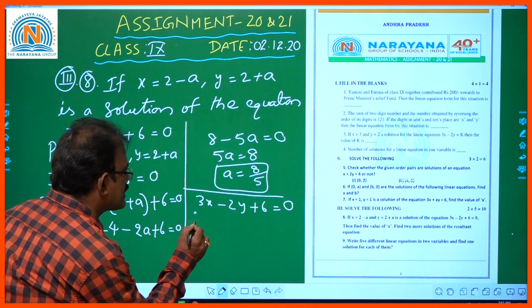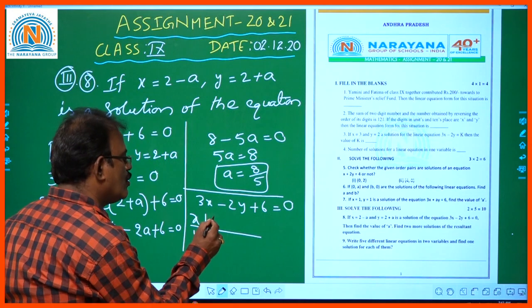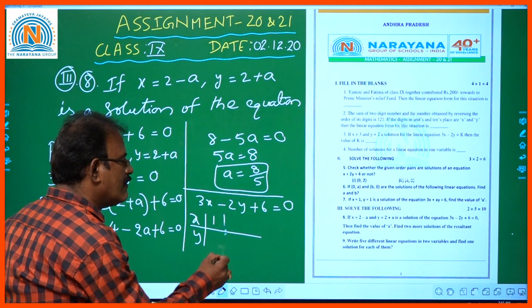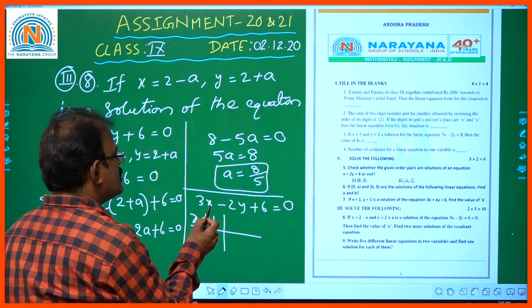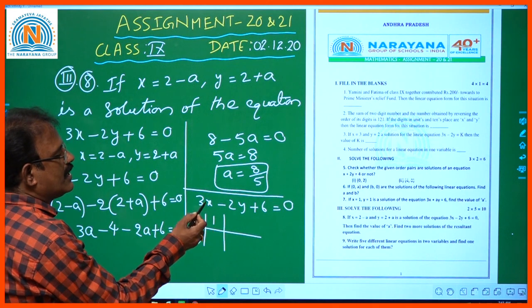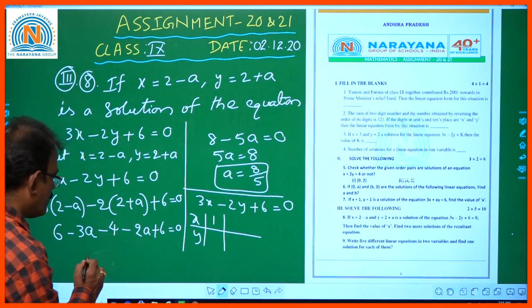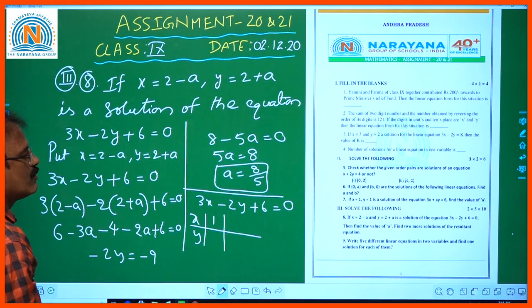So if you take x is equal to, say for example, 1, correspondingly a y value will be there. Suppose x is equal to 1, 3 times 1 is 3, 3 plus 6 is 9, so plus 9, minus 9, so minus 2y is equal to minus 9, minus minus cancel, y is equal to 9 by 2.